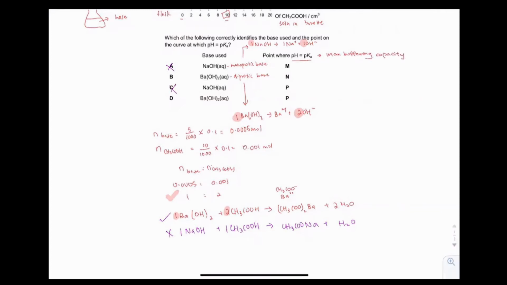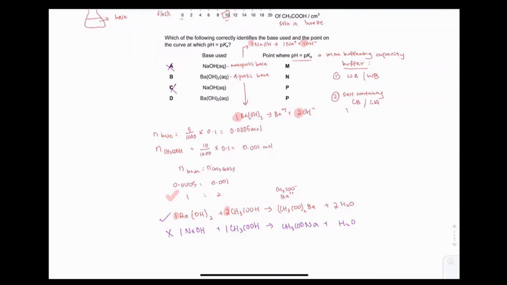So in order to have the maximum buffering capacity, it has to be a buffer in the first place, right? So what are the criteria for a buffer? Number 1, I need either a weak acid or a weak base. If I have a weak acid, I'll need a salt containing its conjugate base. If I have a weak base, I'll need a salt containing its conjugate acid.